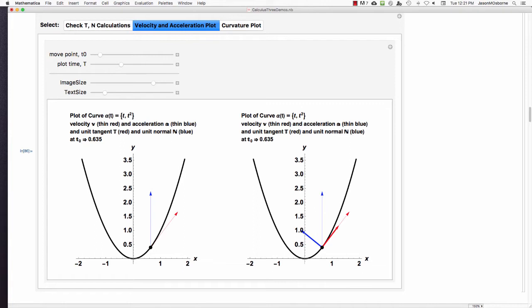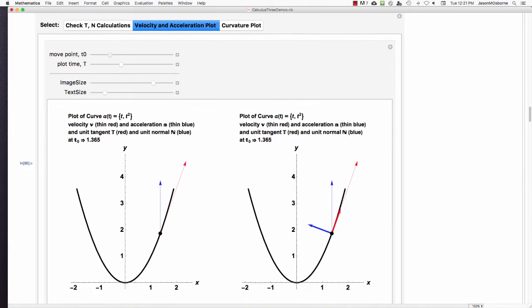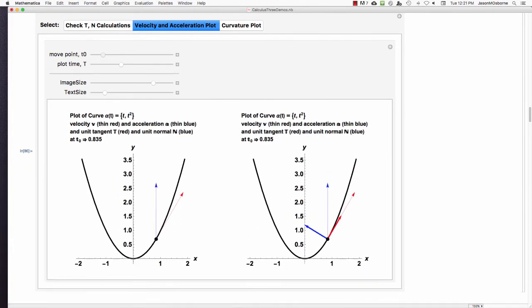Focus on the left pane. You can see that these vectors change depending on time. Wherever you are on the curve, these vectors are changing. So no longer will our vectors just be vectors of numbers, but our vectors are going to have the variable time in them because they are changing.